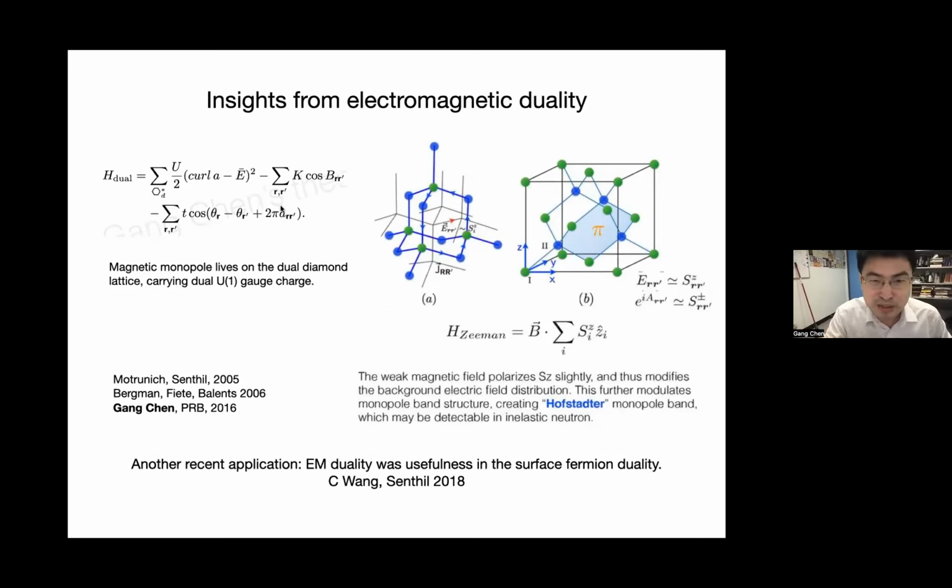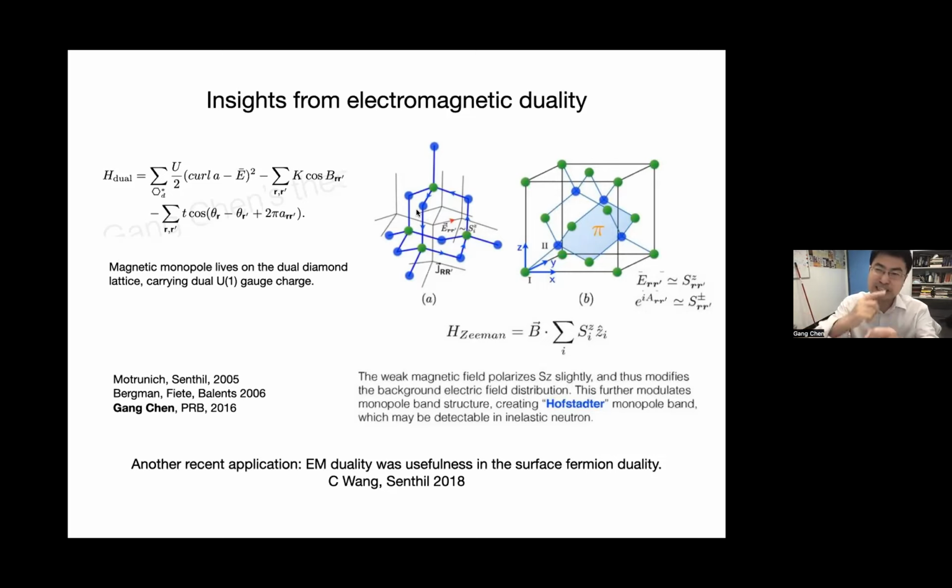To do this duality, you can make the magnetic monopole, which is the topological defect of the vector gauge potential, explicit. It turns out that these dual magnetic monopoles live on the dual diamond lattice. The dual lattice of a diamond lattice is also a diamond lattice. So the magnetic monopole lives on the dual diamond lattice and is minimally coupled to the dual U1 gauge field.